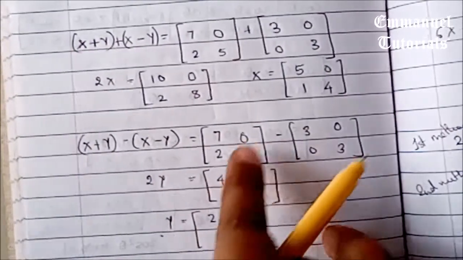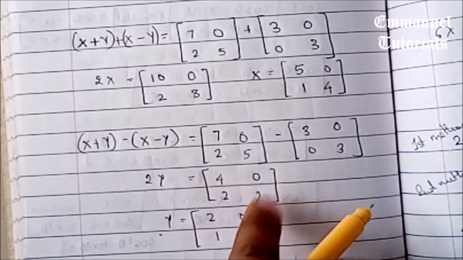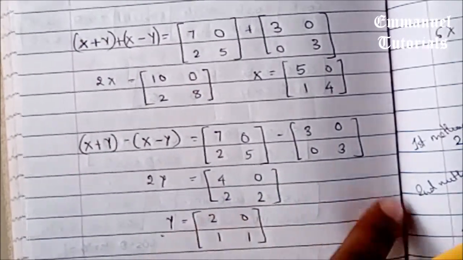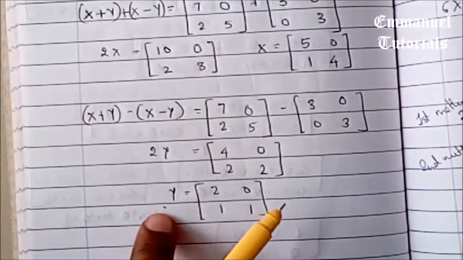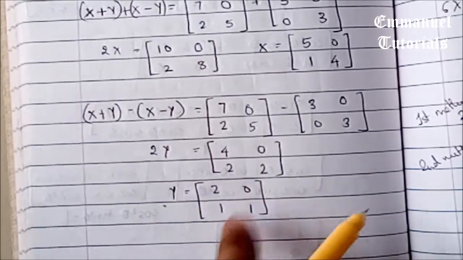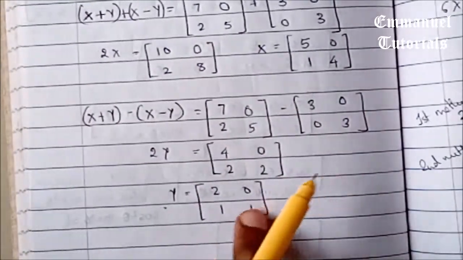And this will be equal to 7 minus 3 is 4, 0 minus 0 is 0, 2 minus 0 is 2, and 5 minus 3 is 2. And again, similar to the previous equation, y is equal to this whole matrix divided by 2, which is [2, 0, 1, 1]. So these are the values of x and y.